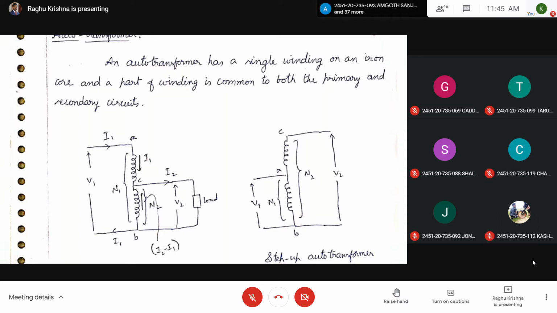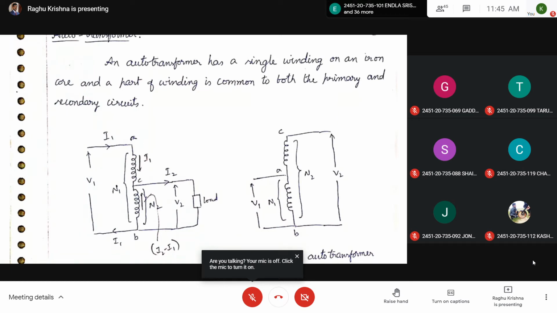In some cases this autotransformer has benefits over a two-winding transformer. When the transformation ratio is near to unity, an autotransformer has many advantages over a two-winding transformer.